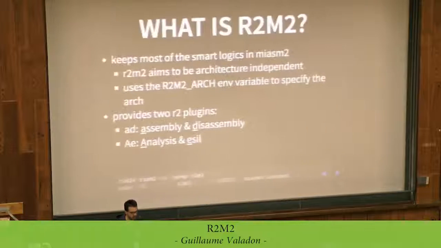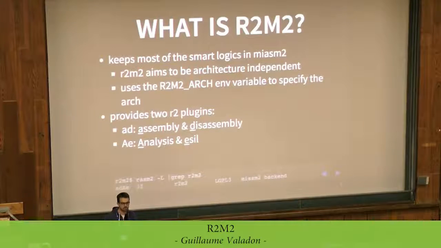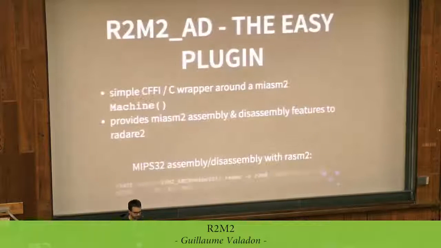With R2M2, the goal is to keep the smart logic in miasm and provide radare2 plugins. Two plugins are provided by R2M2. One is assembly and disassembly. That's an easy one, you can see it here in this output. The other one is analysis and ESIL, which is something that Julien presented before, for emulation.